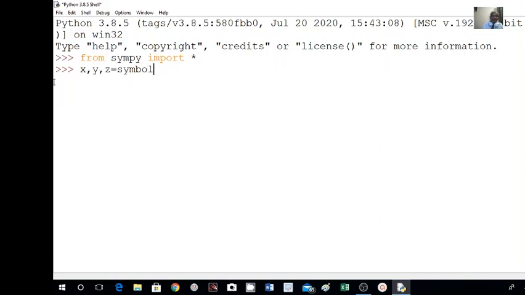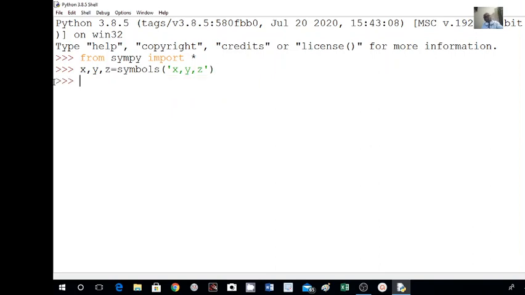First we have to declare them as symbols. Symbols, within the bracket I have to write in quotes "x, y, z", close bracket.